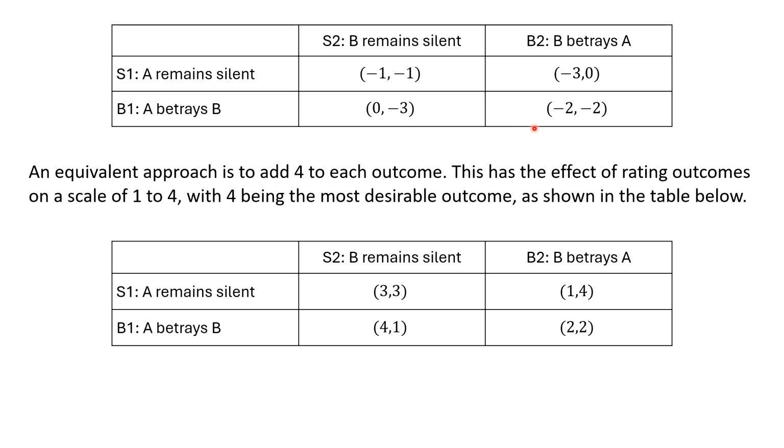The previous one is more literal, I guess, because it actually represents the number of years in prison, where 0 is you get set free. Then here it is not as clear how this maps to the statement of the problem. But the advantage is you have all positive numbers now in this form. So they're equivalent, and you would come to the same conclusion using the analysis that we did before, that 2, 2 would be the selected solution from A and B, but they would miss out on getting a higher payoff here.